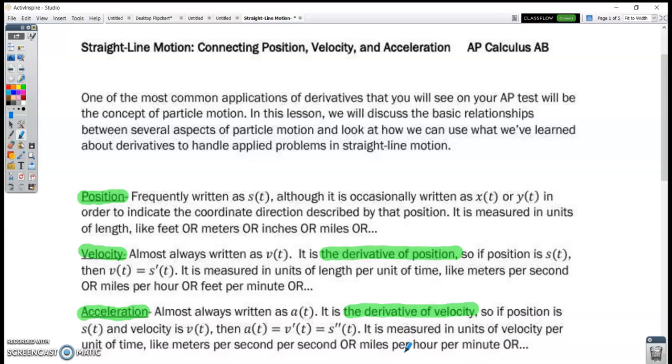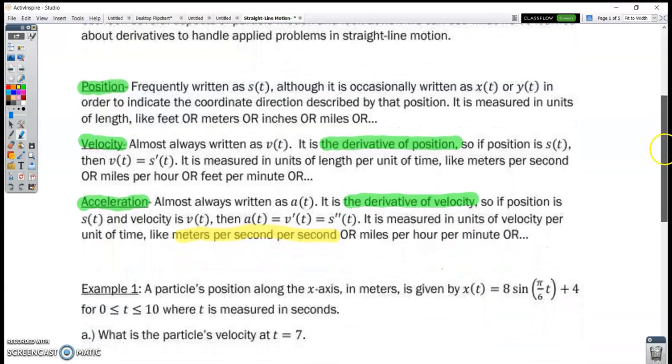As I've done this longer and gotten older, I tend to prefer writing an acceleration unit like this instead of abbreviating it as meters per second squared. I think this is a more descriptive way to write the unit that does a better job of describing what it really means. But, alright, let's go ahead and look at a couple of examples.